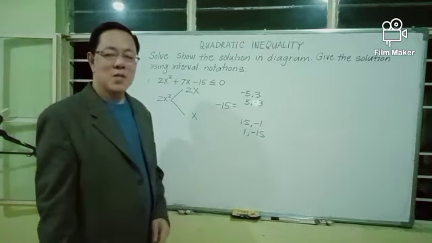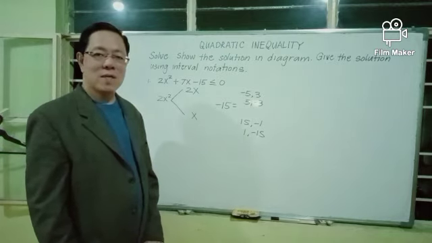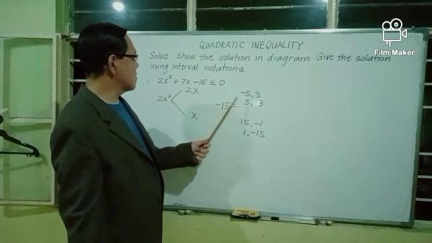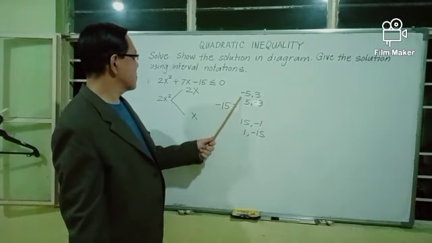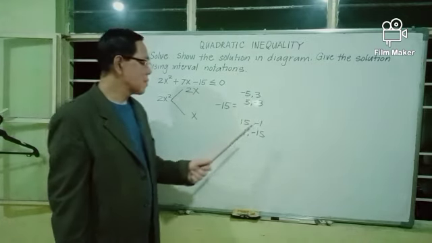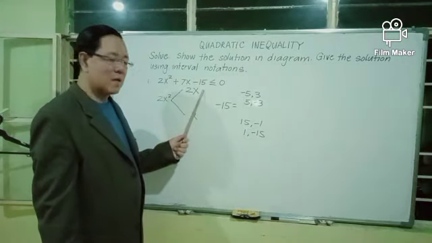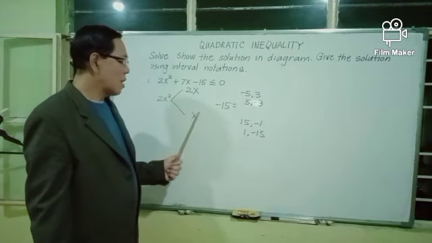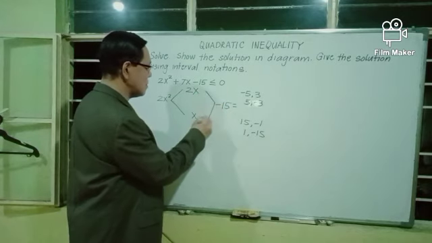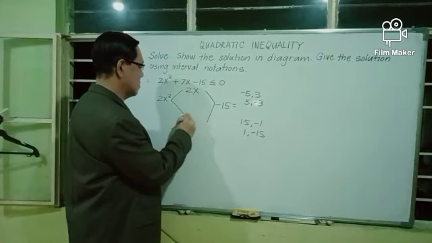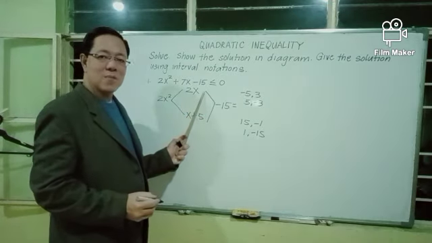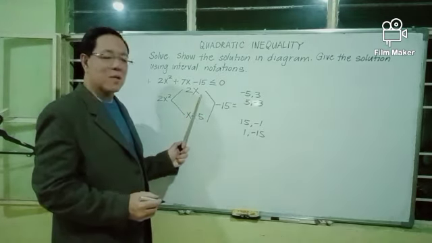Now we want to check which of these factors would work out. We start with positive 5 and negative 3. I will write plus 5 here, and I will write negative 3 here, 2x minus 3.